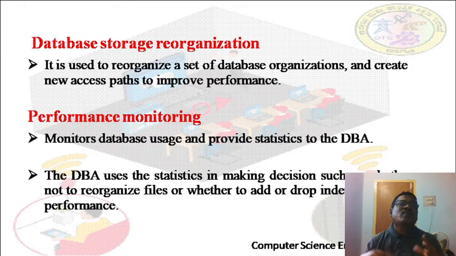Then performance monitoring. What is the use of this utility? By using this utility, we can monitor the database usage and provide statistics to the DBA. Most of the users will make use of the database, and we have to monitor and observe how the database is used and how much percentage is being used, and give those statistics to the DBA.